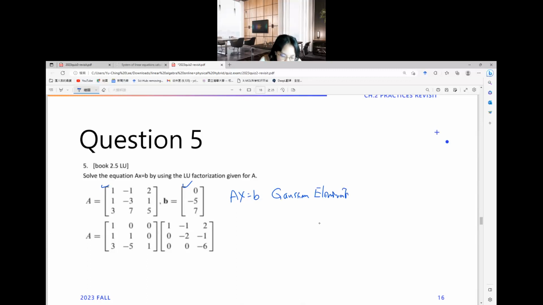But if the LU factorization was given, that is, the A matrix equals the multiplication of 2 triangular matrices, one is a lower triangular matrix, we call it L, the other is an upper triangular matrix, we call it U.